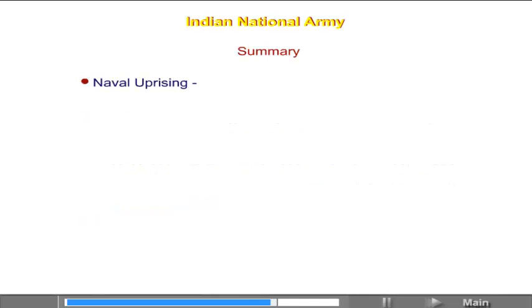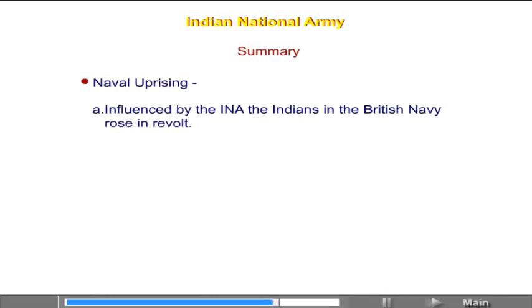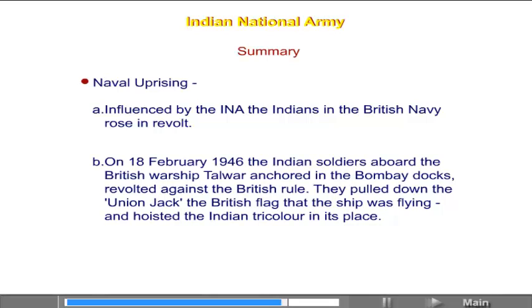Naval Uprising. Influenced by the INA, the Indians in the British Navy rose in revolt. On 18th February 1946, the Indian soldiers aboard the British warship Talwar, anchored in the Bombay docks, revolted against the British rule.